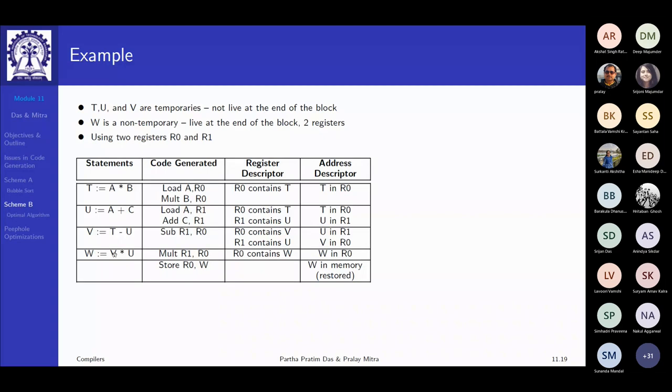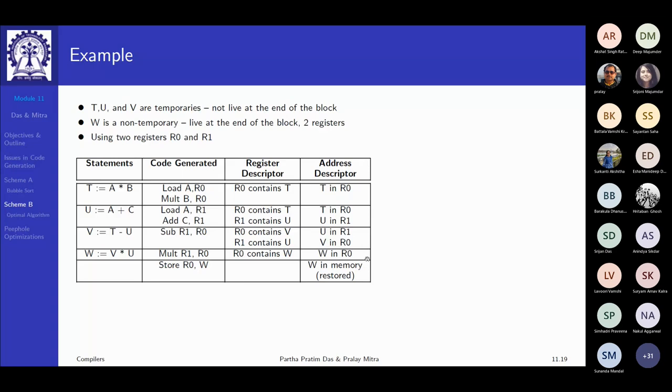Similarly, you have V star U after this. So V is in R0. So that will be returned as the target register. U is found in R1. So you simply do a multiply of R1, R0, and the result will be in R0. So R0 will contain W now, and W is in R0.